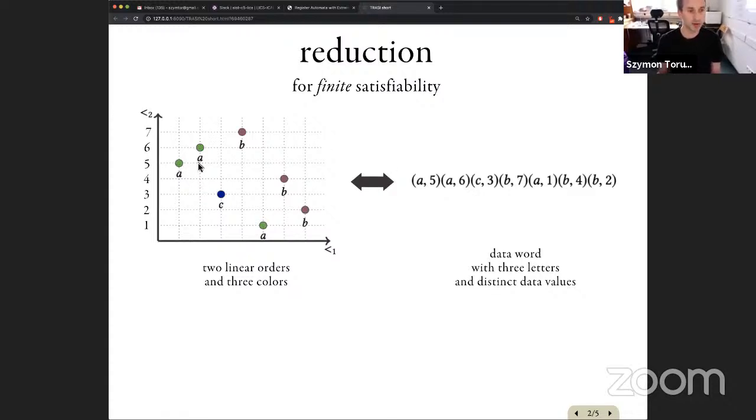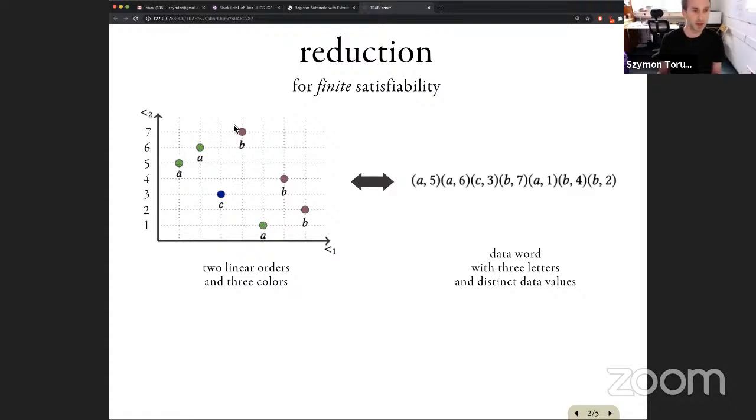So you process the nodes from left to right with respect to the first order. And then for each node, you assign values increasingly with respect to the second order, and then you process the word from left to right, and you just write the elements with their values, so the color and the value.